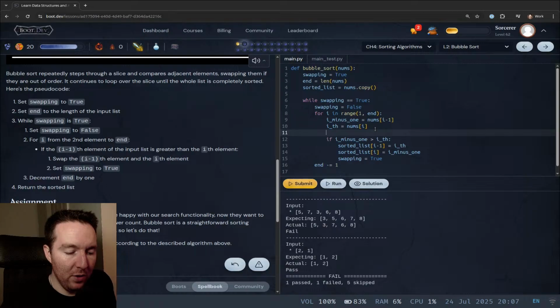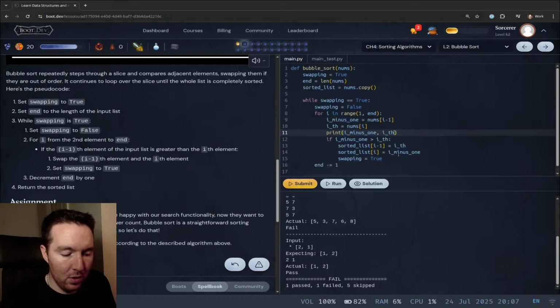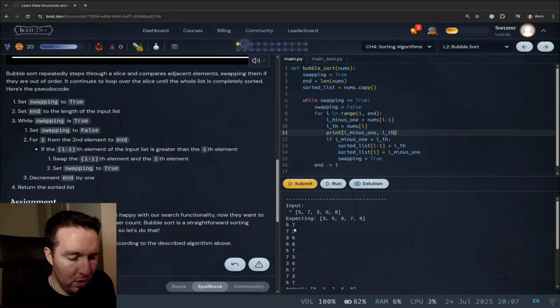Let me just print out these. So like print, and it's going to be i minus 1 to i. So it goes 5, 7.